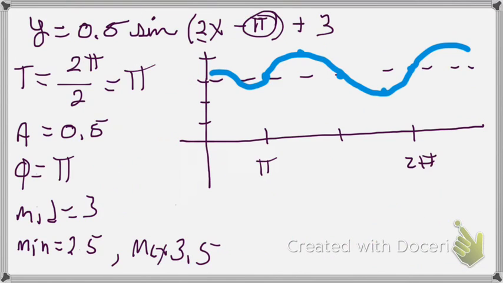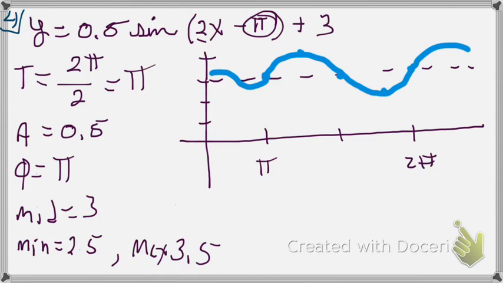Alright, now let's see, the next one we looked at, this is actually number 4 from the third quarter review, which is 0.5 sine of 2x minus pi, plus 3.